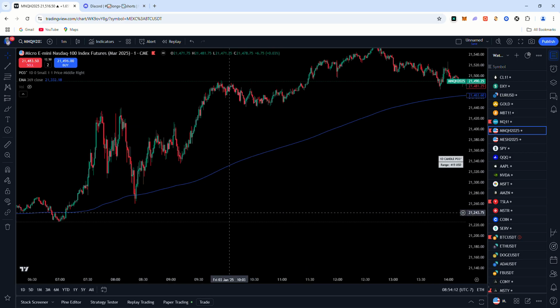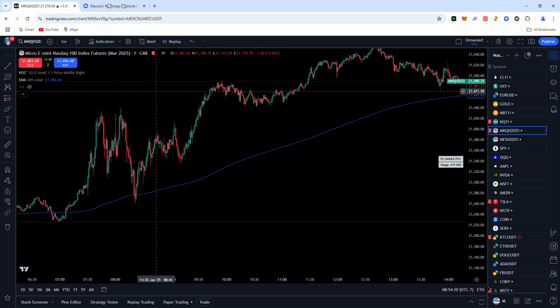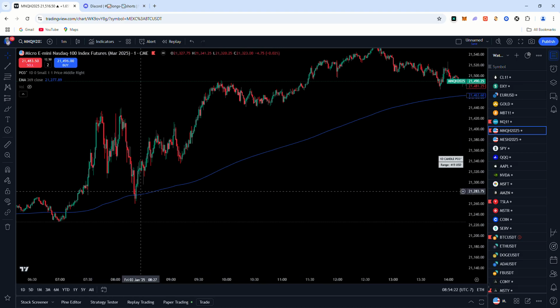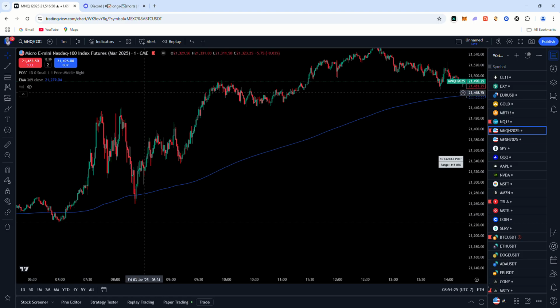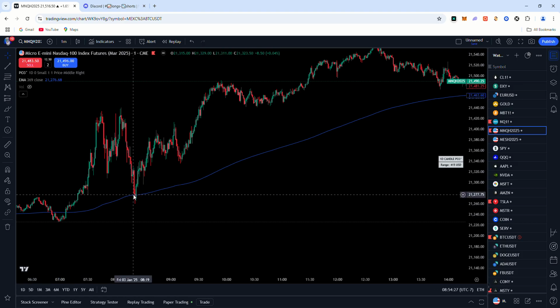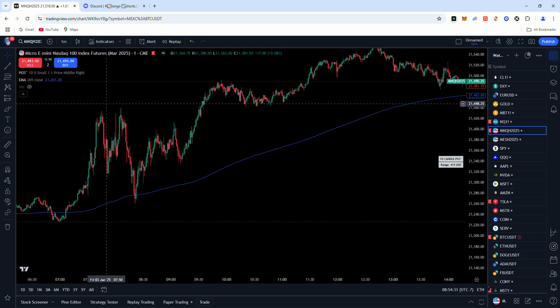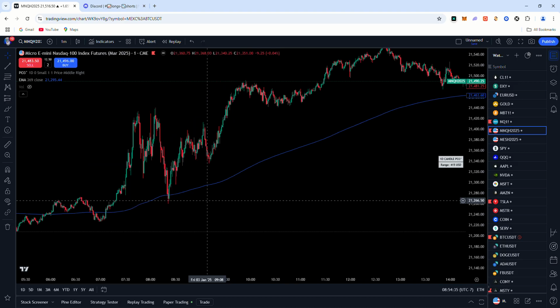What we normally do on the NASDAQ, and this is pretty much all you really have to look for on most assets, just about any asset that you trade, we're just looking for a support at a very key zone, or resistance. That is pretty much all we're looking for. When it comes to trading assets, that's really all we're looking for.